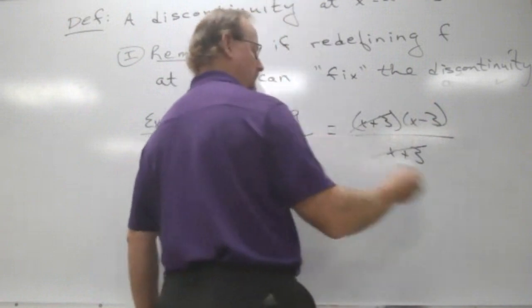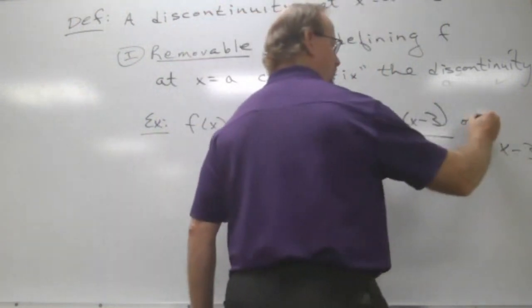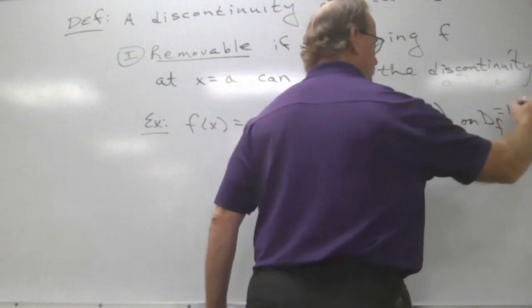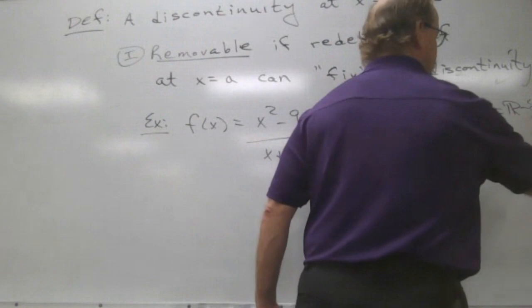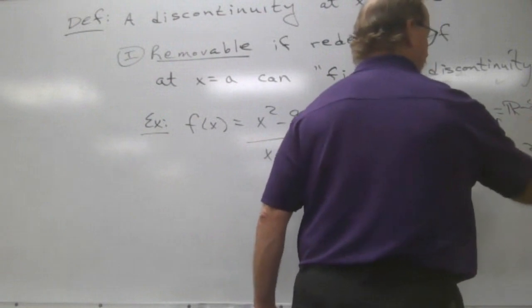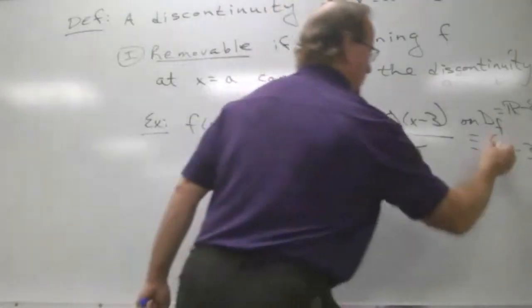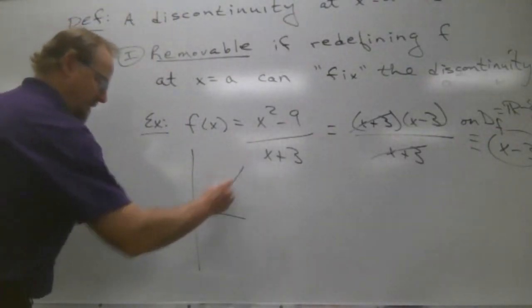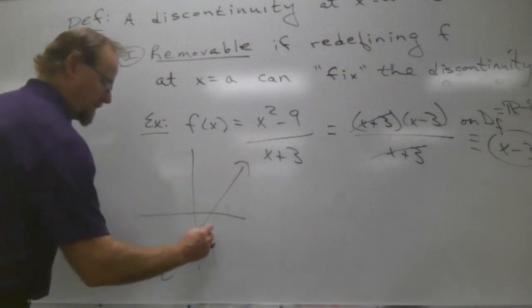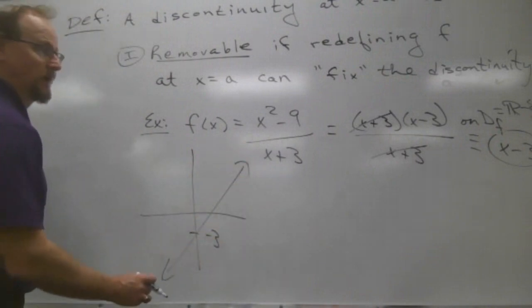It's equivalent to x minus 3 on the domain of f, which is all reals except where you divide by 0, which is -3. It's the line y equals x minus 3, and it's going to look like that.